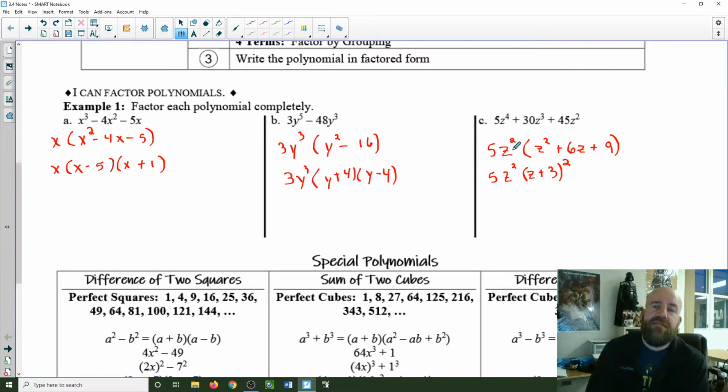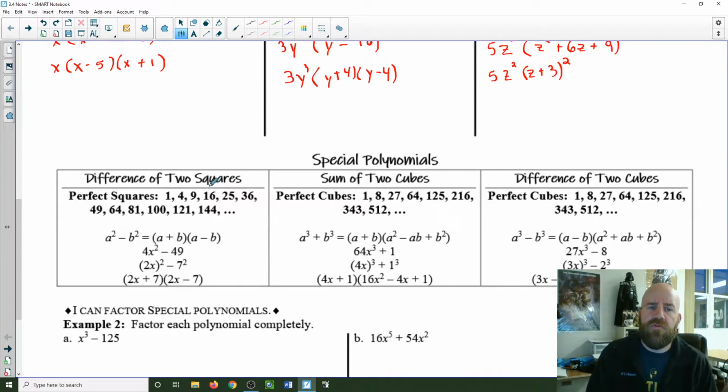So that's it for things that we kind of know already. Looking at some of the special polynomial rules, we already know the difference of 2 squares. Now we need to know the sum of 2 cubes and the difference of 2 cubes. These are the formulas: a cubed plus b cubed equals that.